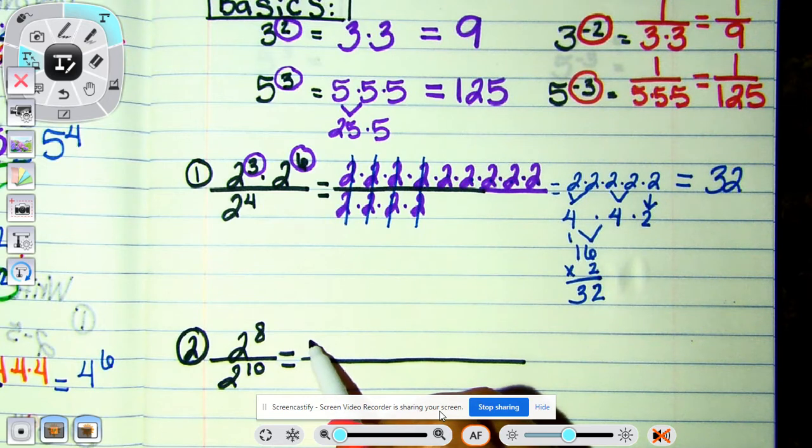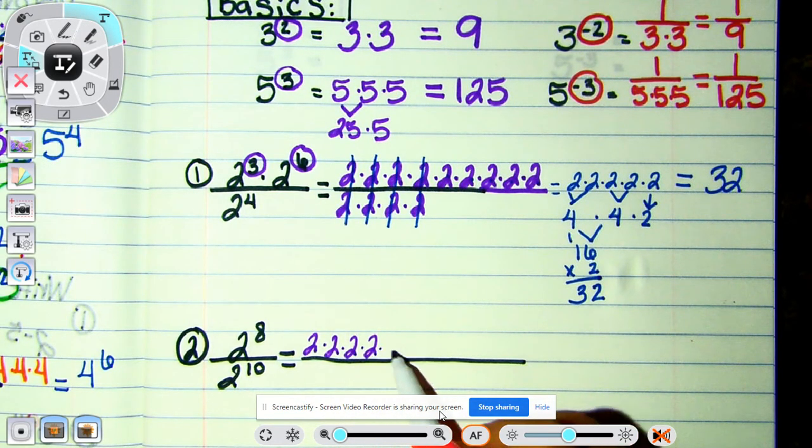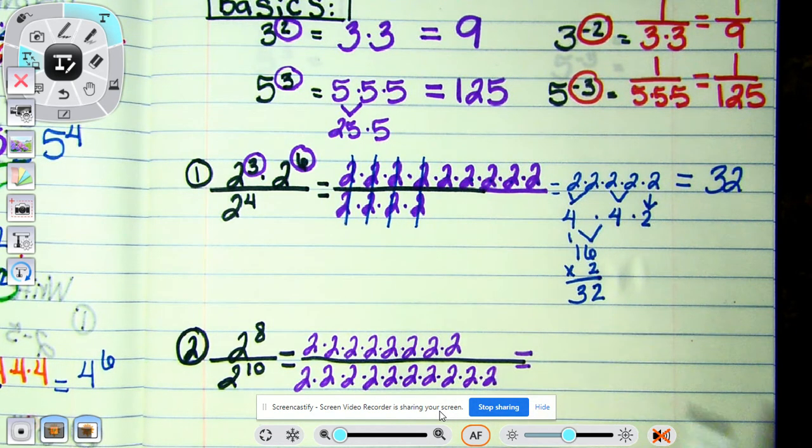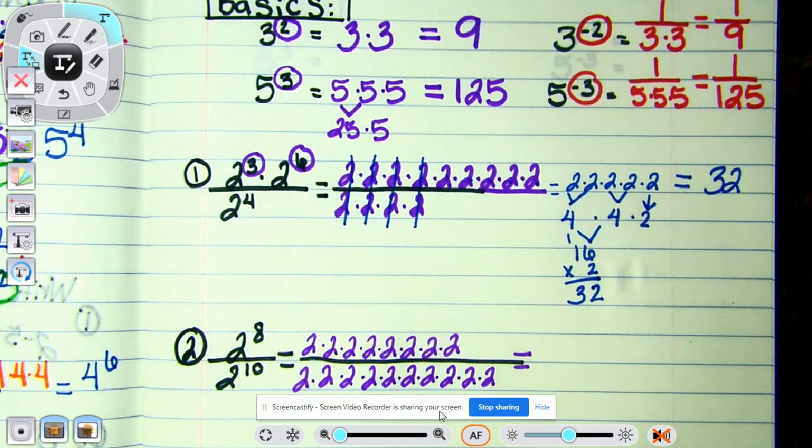Okay, 2 to the 8 means you have 8 of them: 1, 2, 3, 4, 5, 6, 7, 8. 10 on the bottom: 1, 2, 3, 4, 5, 6, 7, 8, 9, 10. That is a whole lot of 2's to be multiplying, so let's go ahead and simplify this.